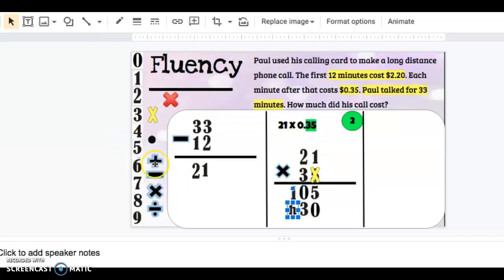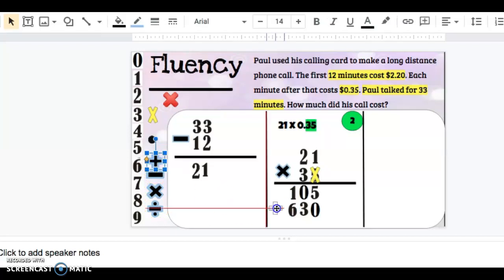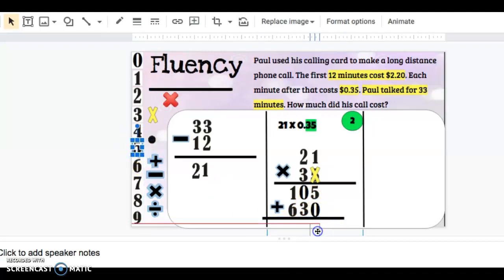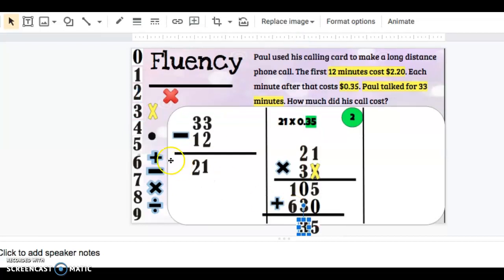Then we add it up. And then we start to add. 5 plus 0, 5. 3 plus 0 is 3. 6 plus 1 is 7.